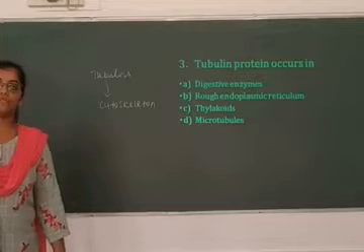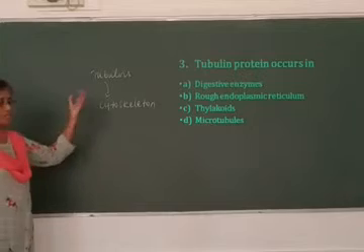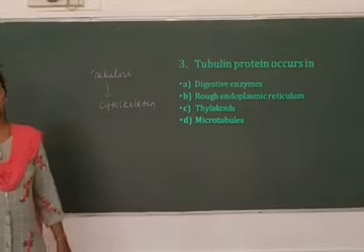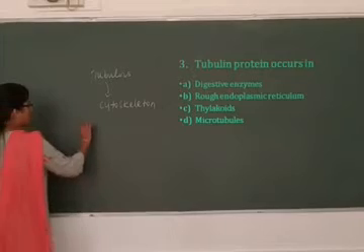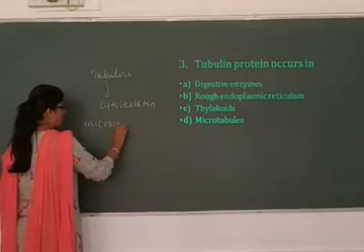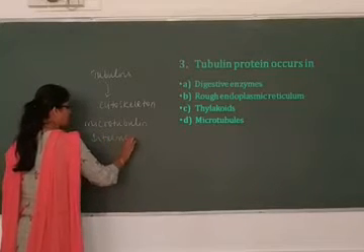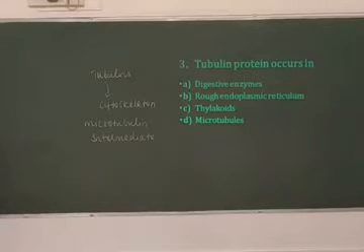They are also involved in the formation of spindle fibers during cell division. The cytoskeleton, which is a network-like structure that provides mechanical support to the cell, is usually composed of microtubules, intermediate filaments, and also microfilaments.